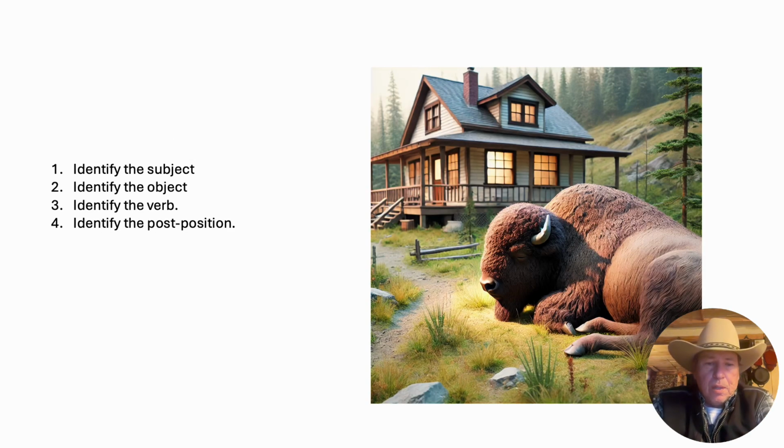Next one, identify the subject, the buffalo. The object is the house. The verb, he is laying or reclining. And then the postposition, this one could be either in front of or beside. Like I said, it all depends on the pictures you use.